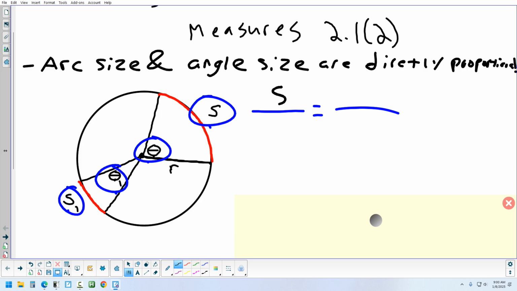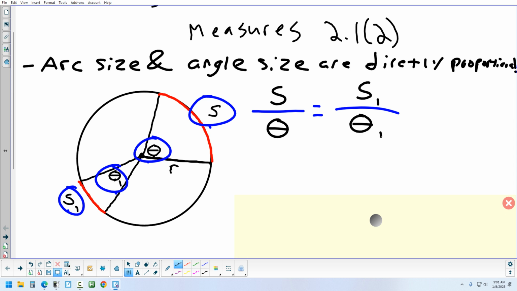So we put the arc in the top on that side. So what's going to go in the top on the other side? S1. Okay. If the arc is in the top on each side, what's going to go on the bottom? Let's start with the bottom on the left side. Theta. And what's going to go on the bottom on the right side? Theta 1.